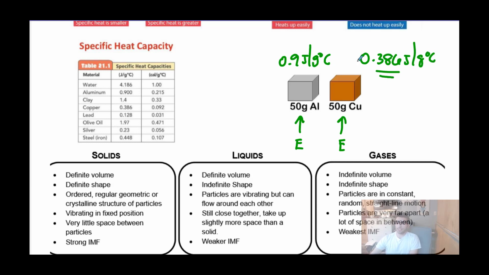Because this takes less energy to change temperature, if they're both absorbing the same amount, then the copper is going to be able to undergo more temperature changes than the aluminum is. So at the end of the day, the copper is going to end up at a higher temperature than the aluminum because its specific heat is lower, and specific heat is literally measuring the amount of energy necessary to change the temperature of the substance.